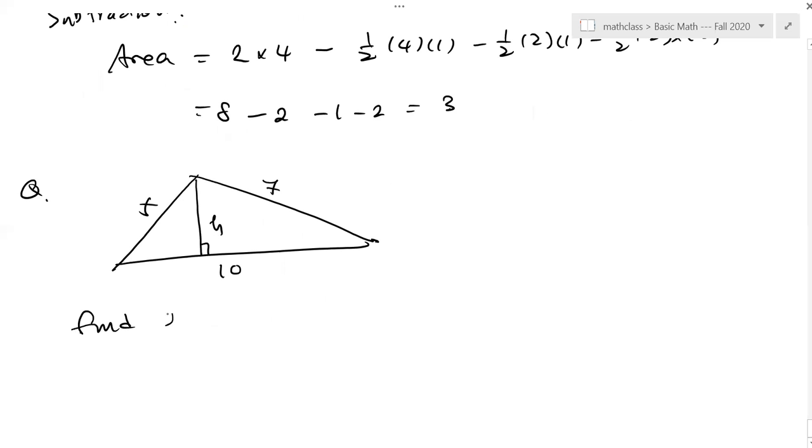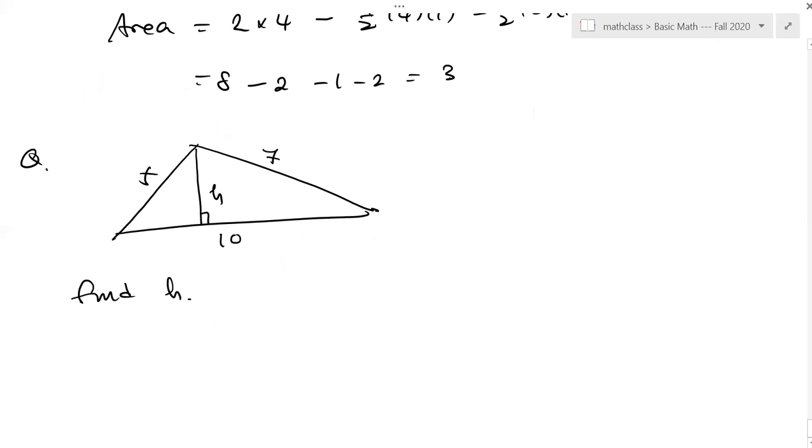Can we find the h? Well, if you find the area of the triangle, the area is half of 10 times h, which is 5h. So if you know the area, you get h, right?